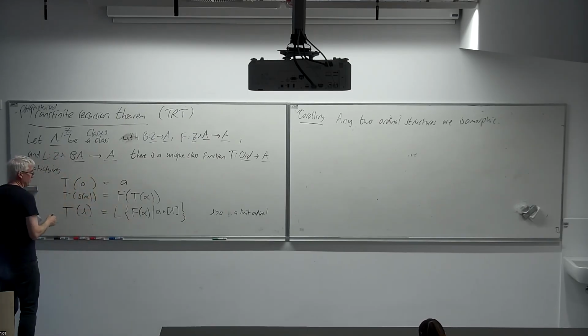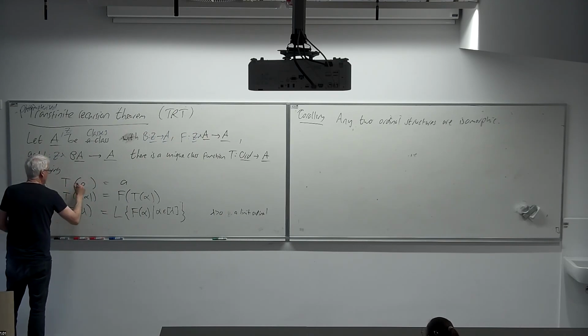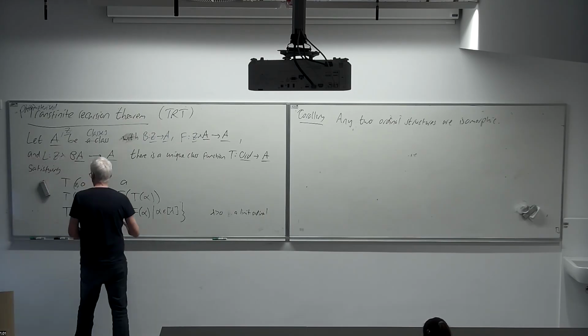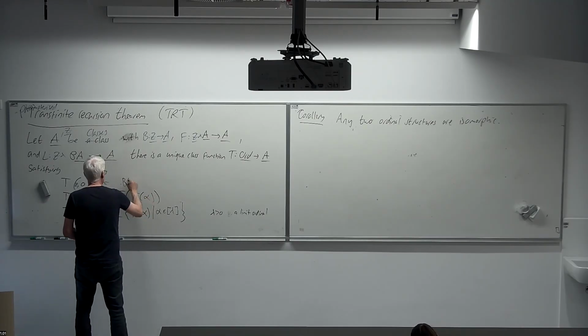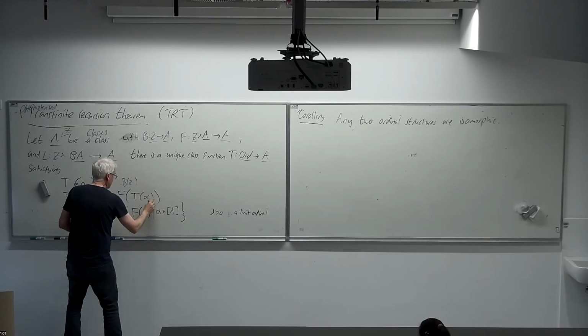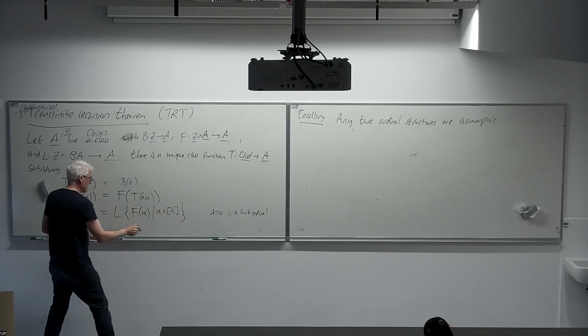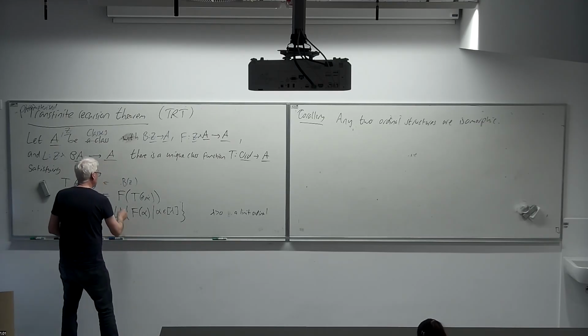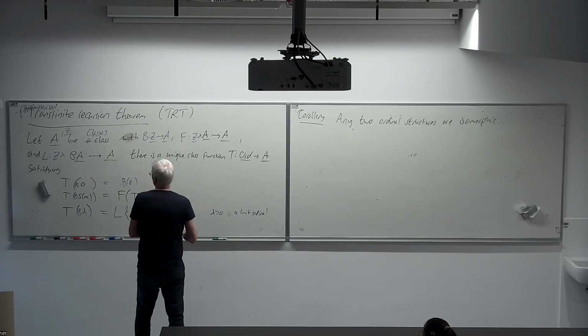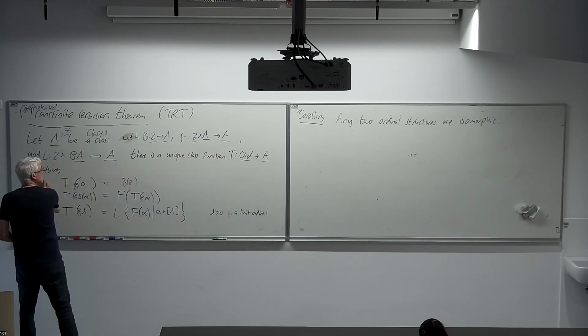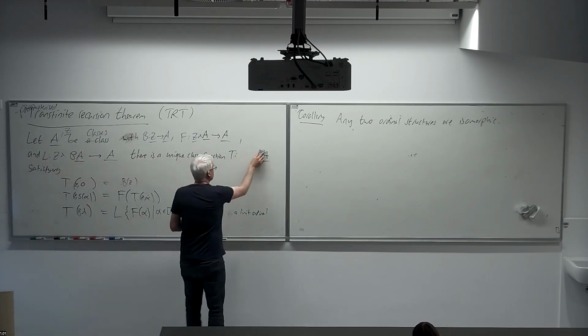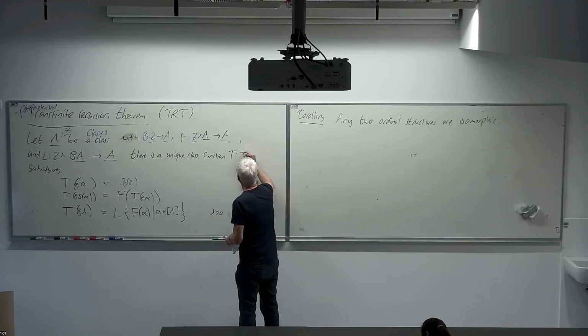Basically, we simply put in Z as an extra argument everywhere that we apply T. Here we have B of Z, F of Z alpha, and this also needs to depend on Z.